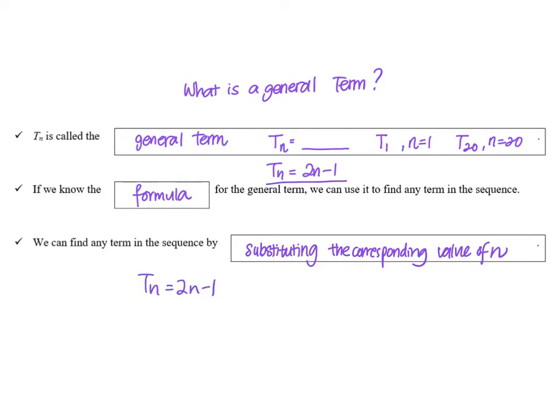If I want to find term 20, n will now be equal to 20. Then term 20 follows this formula, 2 times n minus 1, with n being 20. This gives 40 minus 1, which is 39. That's just one example. Let's try a little bit more questions.